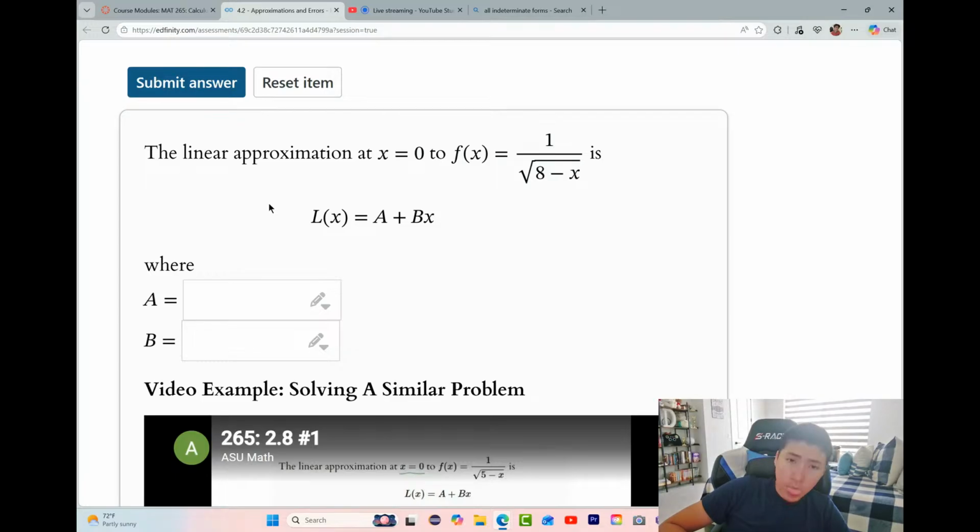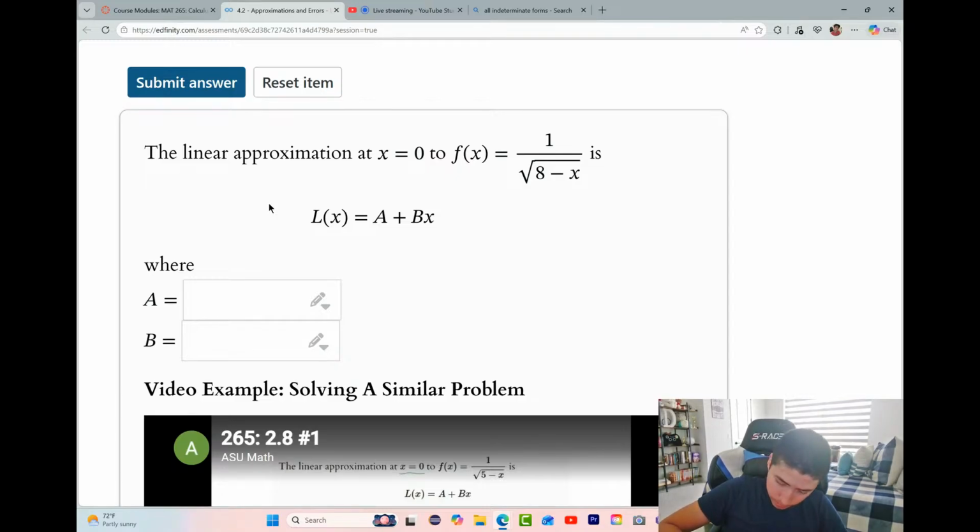The derivative of 1 over the square root of 8 minus x is going to be 1 half 8 minus x to the power of, okay, I think we forgot to apply the chain rule. And the derivative of negative x is going to be negative 1, I think. A negative 1, right, times a negative 1.